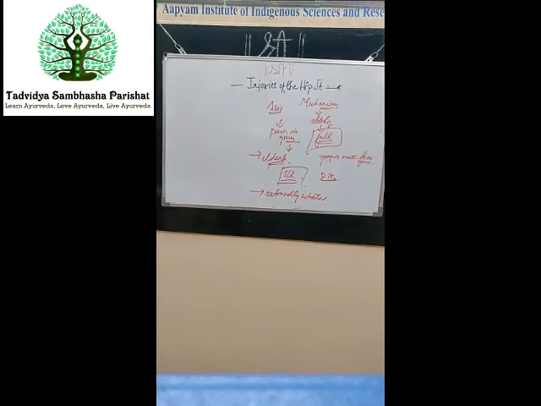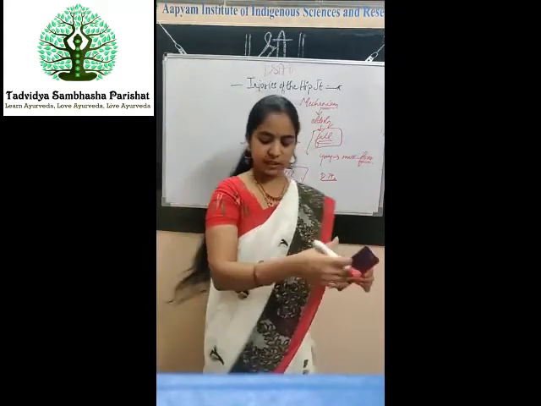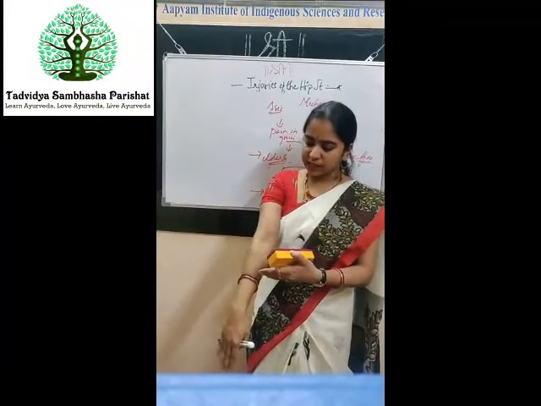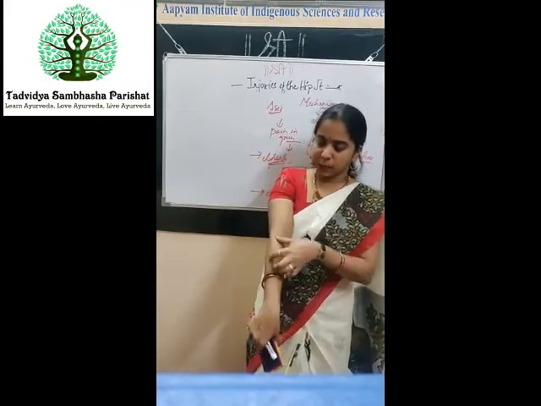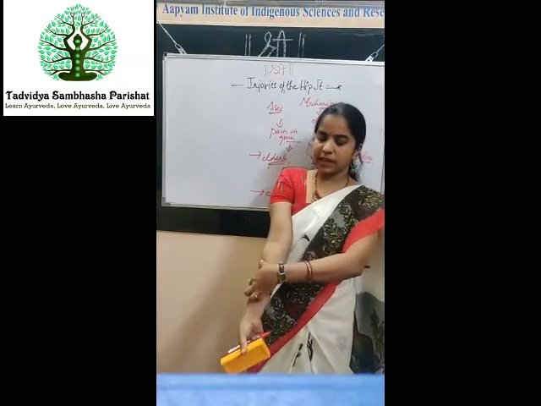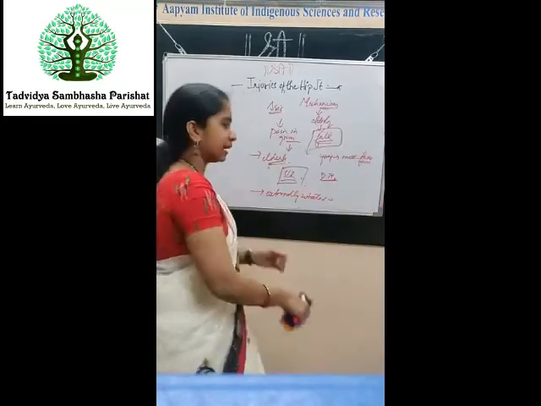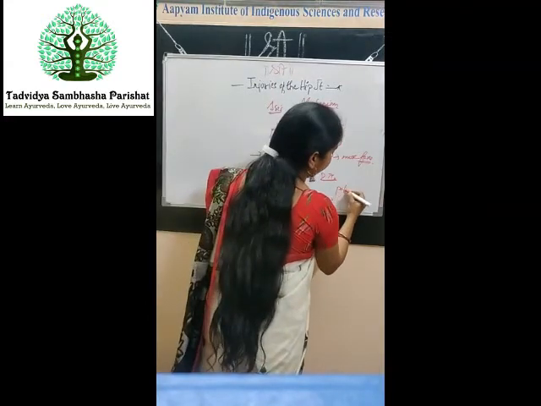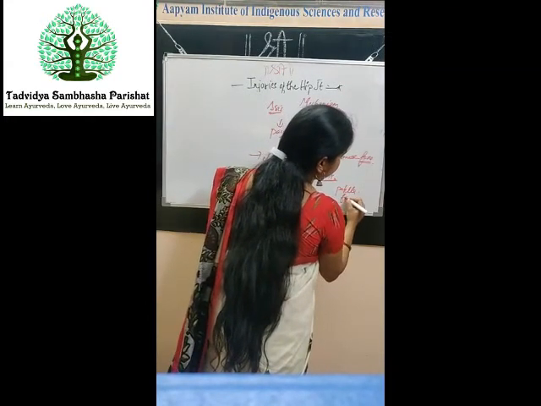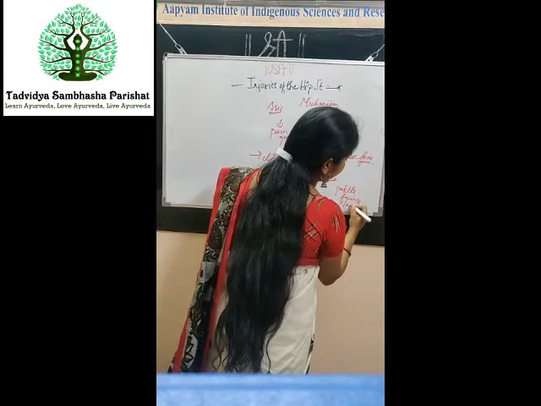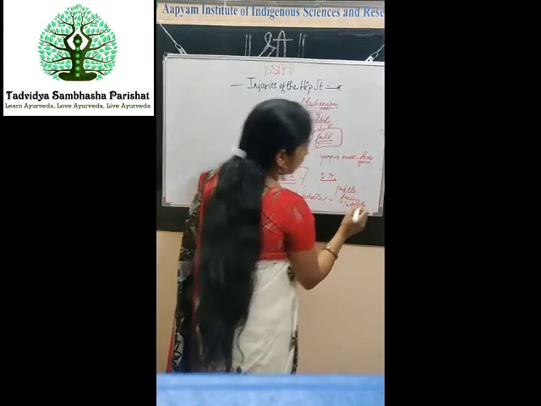If this is the leg and it is externally rotated, suppose my patella is here, then when the leg gets externally rotated, the patella is facing outwards, facing laterally. So compared to the other leg, the patella is facing more laterally. This is important.